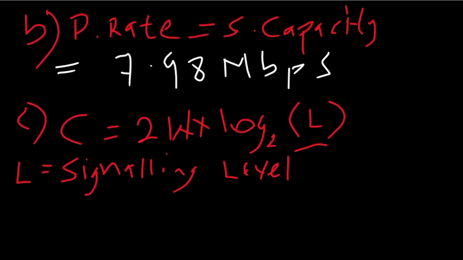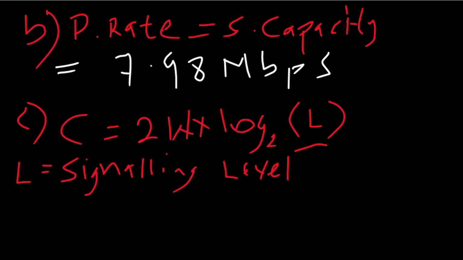Okay, so our Shannon capacity, which was 7.98 megabits per second. Let's just focus on the value.